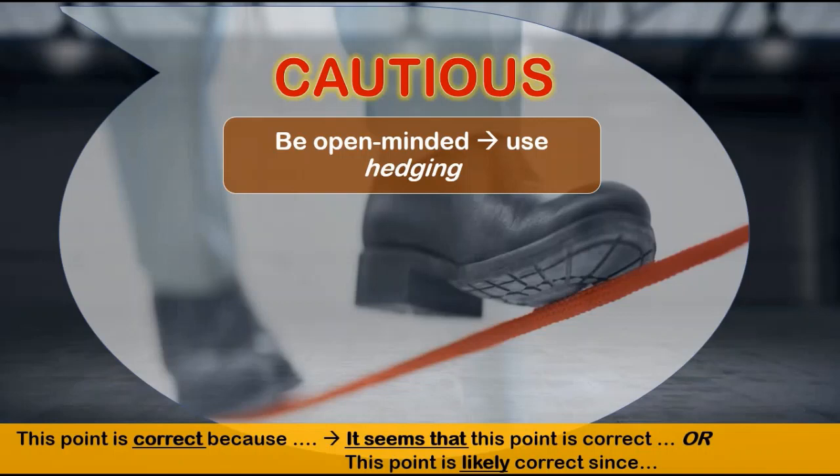For example, instead of writing this point is correct because blah blah blah, you can use phrases like it seems that this point is correct blah blah blah. Or you can use adverbs like this point is likely correct since blah blah blah. Students should generally wonder about things rather than being certain. That's why they need to use the hedging.